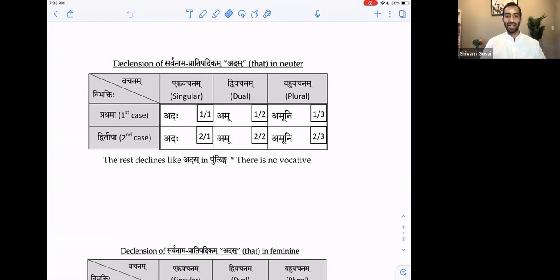We see adaha, amu, amuni. Chant it two more times on your own. The second time, close your eyes. Amuni.